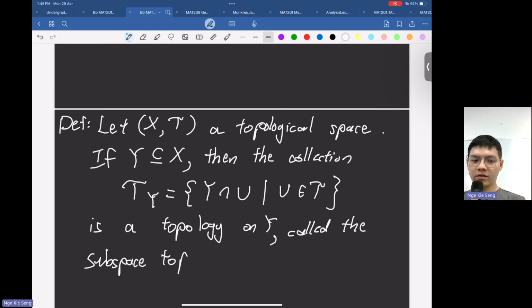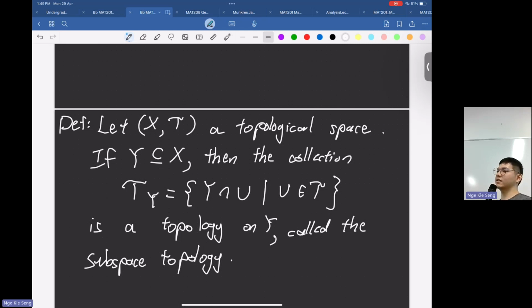To check a topology, remember what things you need to check? Three things, right? The empty set needs to be in there. Why is it there? Because you can pick U to be empty. The whole set, meaning Y, has to be in there. Why? Choose U to be X, because X intersect Y gives Y, since Y is a subset of X. What else?